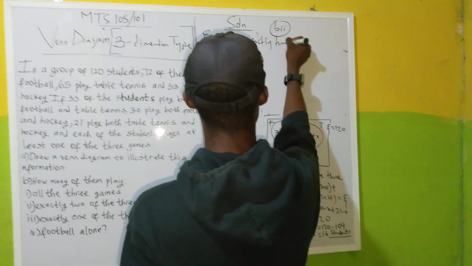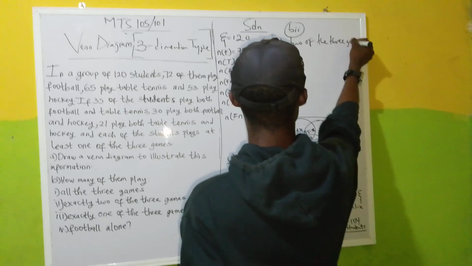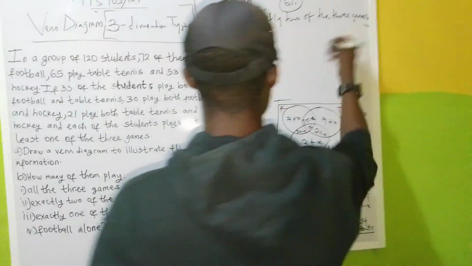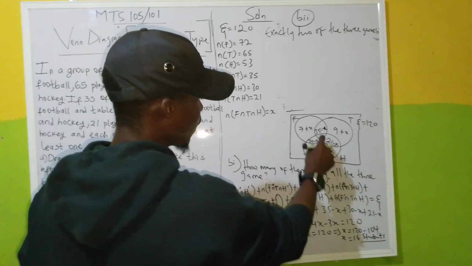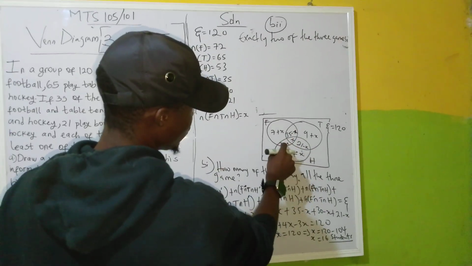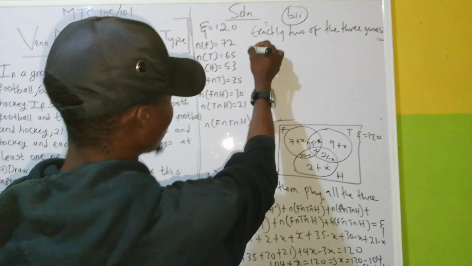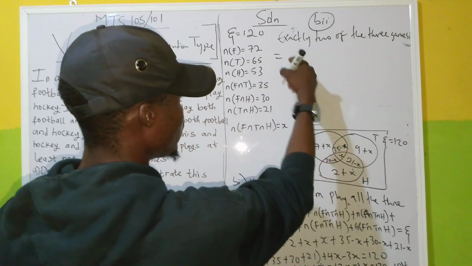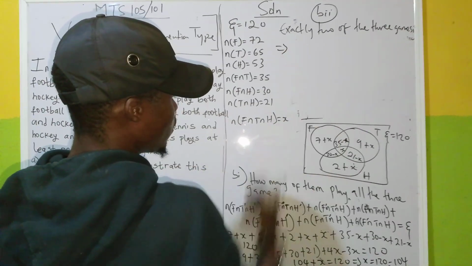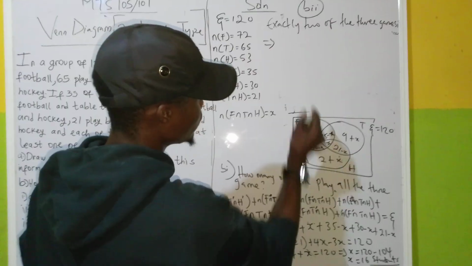So exactly two are here. Two games here, two are connected here, two games. So how do you represent it? Exactly two games implies that... let's start with this one.